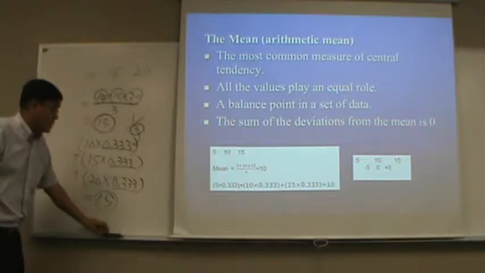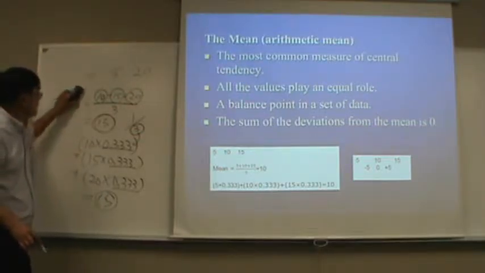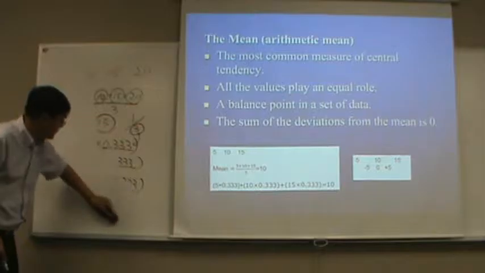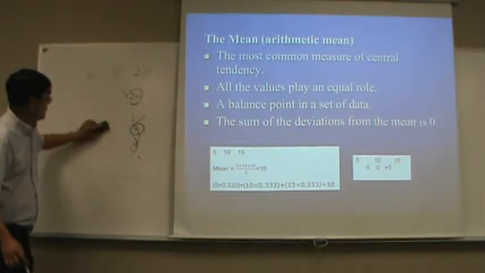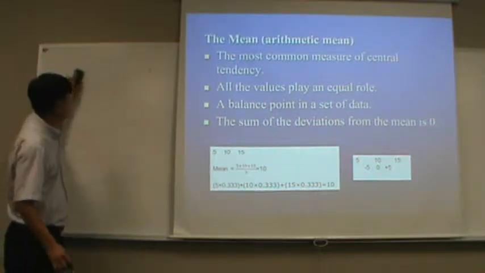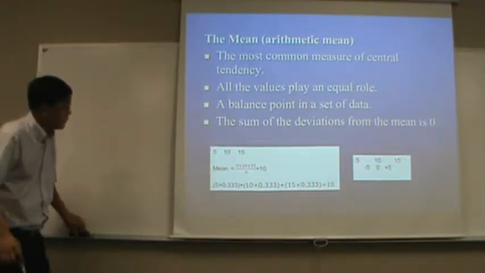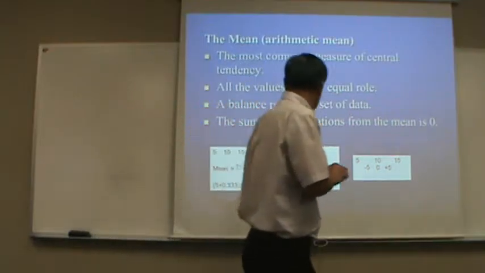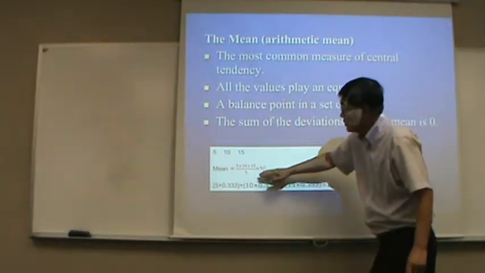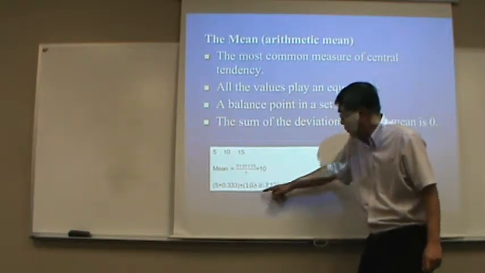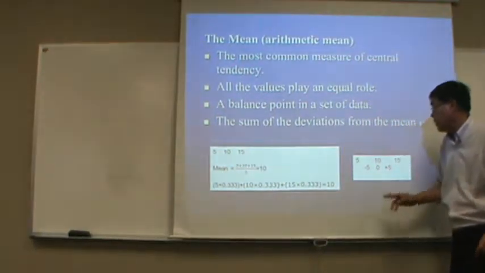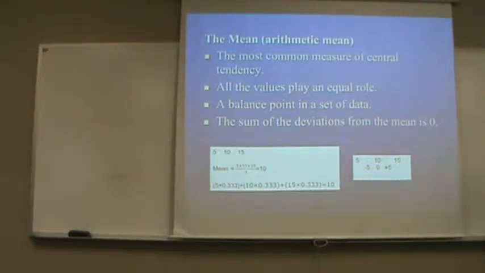This is the simple average, so the role of each member is the same. Like this, 5, 10, 15, use another example, then 0.333, 0.333, and so on. Okay, and the mean is a balance point in a set of data.